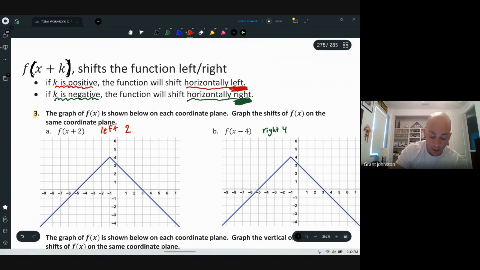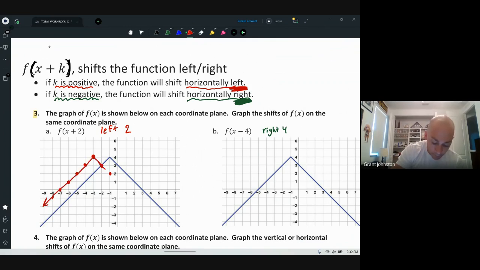So here, I'll move the vertex first. I'm going to go left 2 there. I basically just look at the slope of this. It's just going down 1 over 1. I have just shifted it left 2.